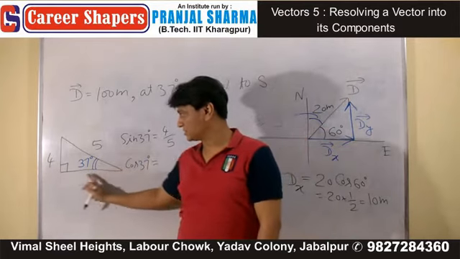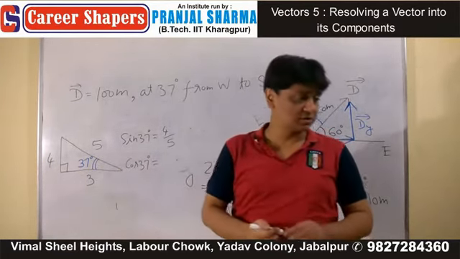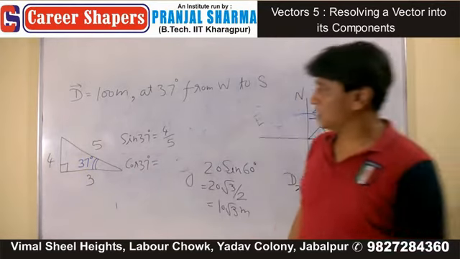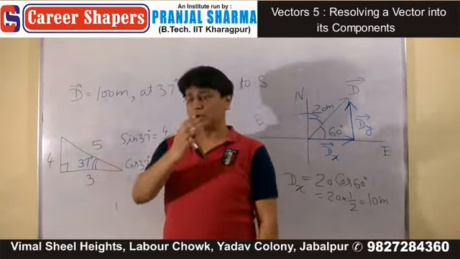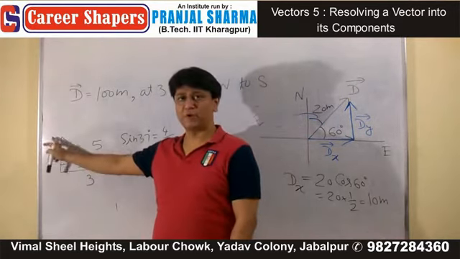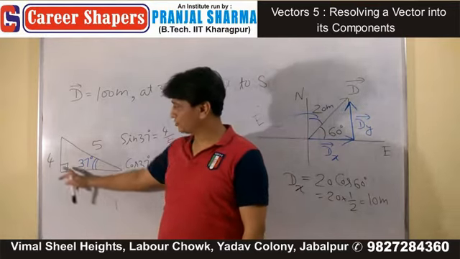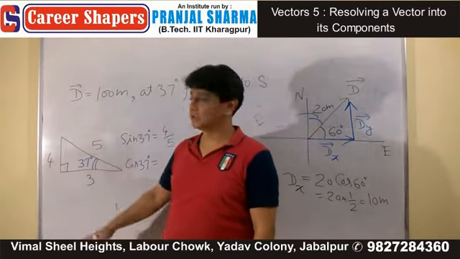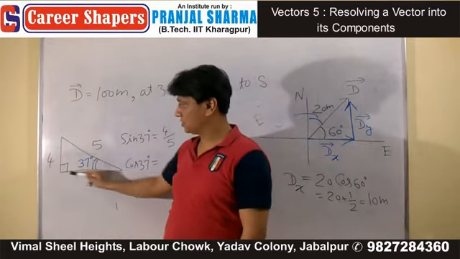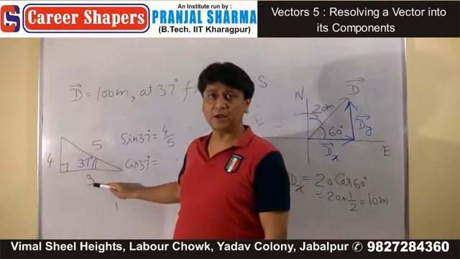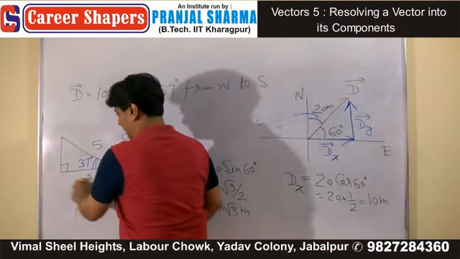Cos 37 means base. Just hold on. If this is 37, this branch cannot be 4. This branch cannot be greater than this branch. If this is 4 and this is 3, then the angle should be more than 45. Just a small correction.